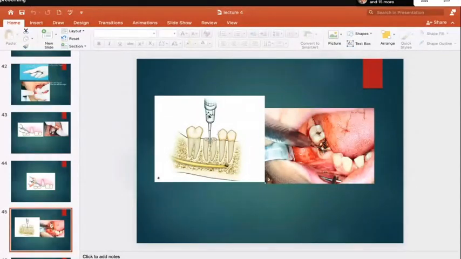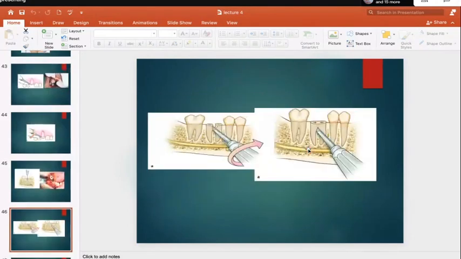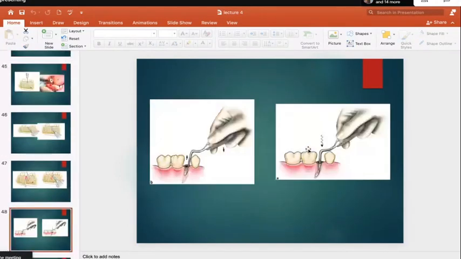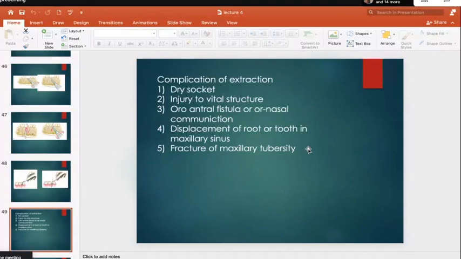If you use the turbine, the air goes to the soft tissue and leads to emphysema. Also, it is an important complication of the extraction, and I said you have to type it during the surgery or after surgery.